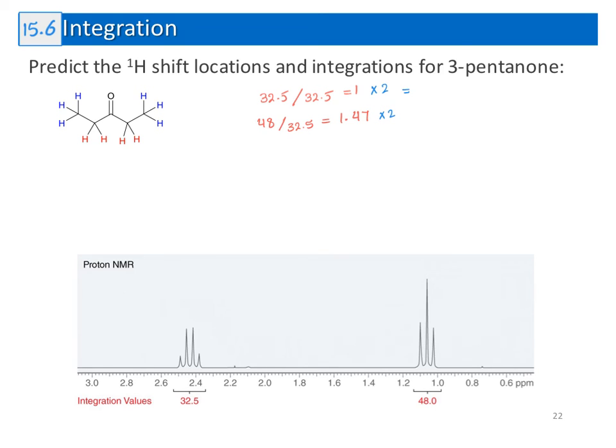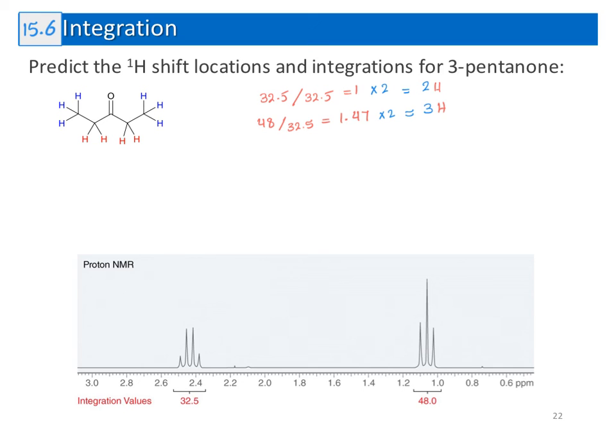So I'm gonna get 2, and here I approximately get 3. Now these are the whole numbers. However, if you add up these two numbers, we are gonna have 5 hydrogens overall, right? But if you look at the structure, in the structure we have 10 hydrogens.